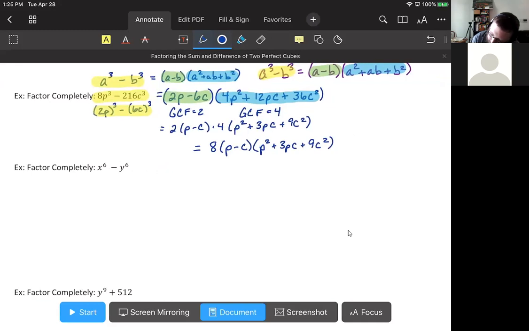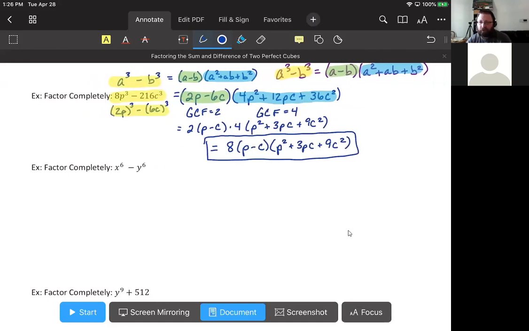If I had caught that GCF at the beginning of the problem, it might have been an easier thing to deal with. That's why it's so important to always check for the GCF first, not because you can't take it out later, because you can always take the GCF out, but because if you don't take it out at the beginning, there'll be GCFs all over the place that you have to deal with along the way.